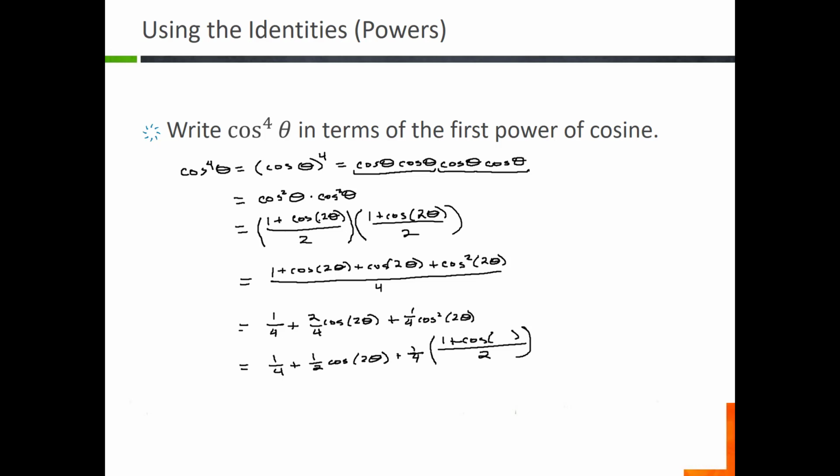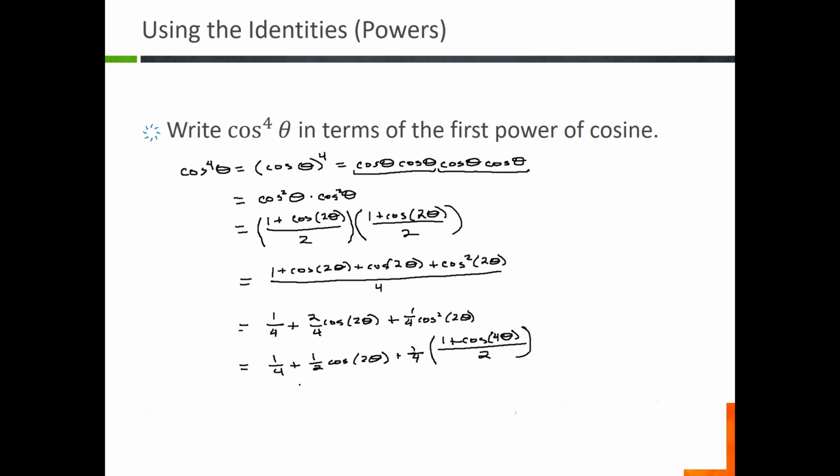So you're taking 2 times the original angle. Well, what if the original angle was already 2 theta? That means you're taking 2 times another 2 theta, which means we're actually going to have a 4 theta here. So that last parentheses is 1 plus cosine of 4 theta all over 2.